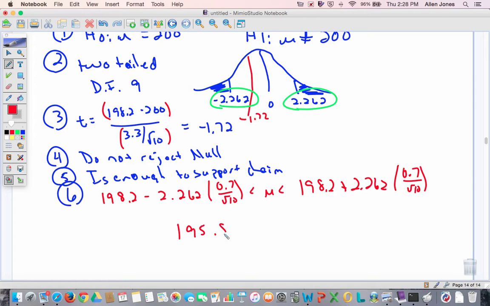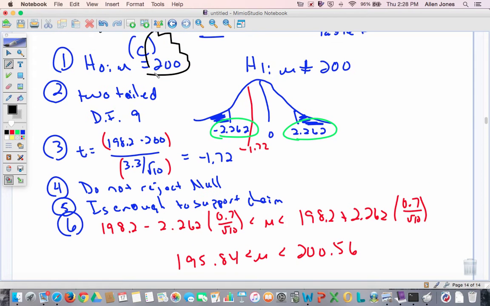If we make that calculation, our confidence interval runs from 195.84 to 200.56. Notice that our population mean of 200 does fall between these two numbers, albeit barely, but it does fall between there.